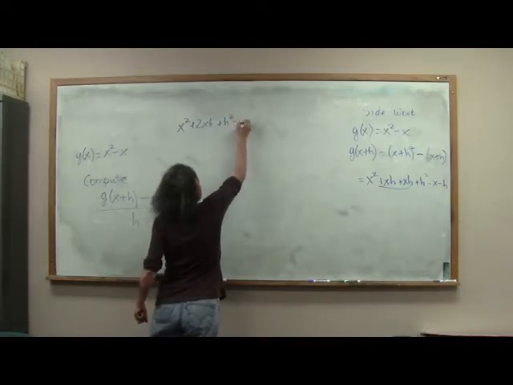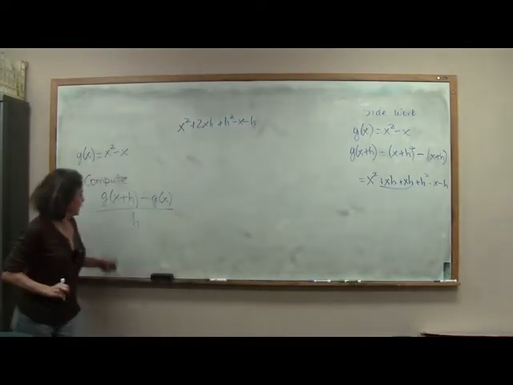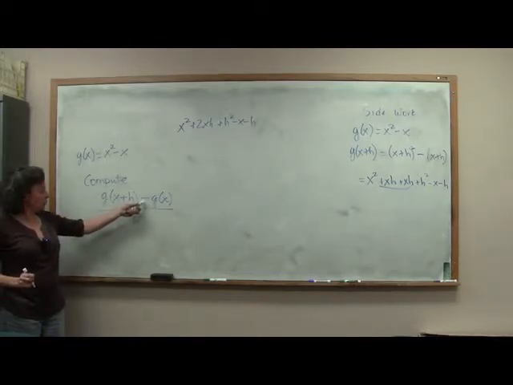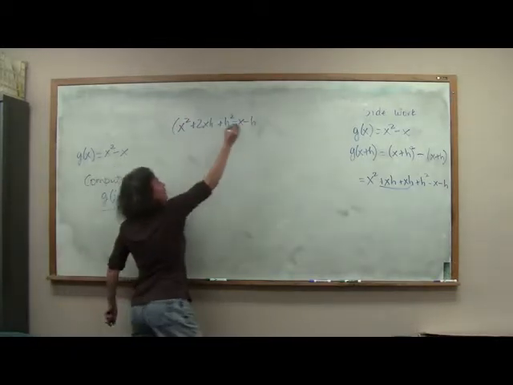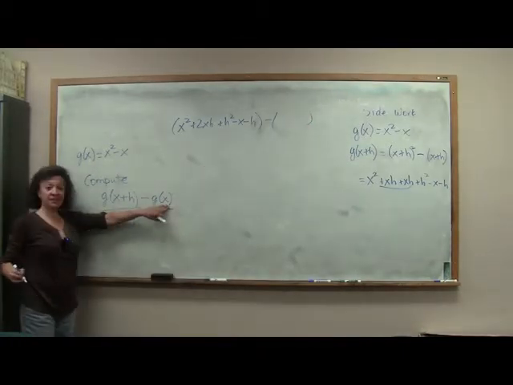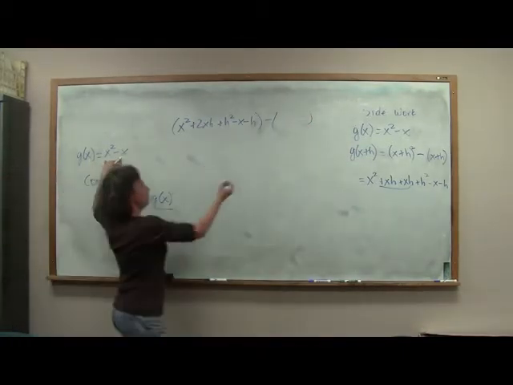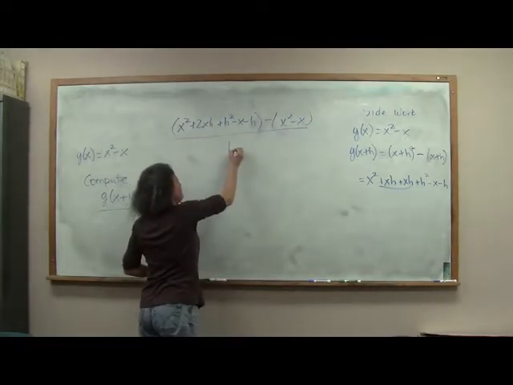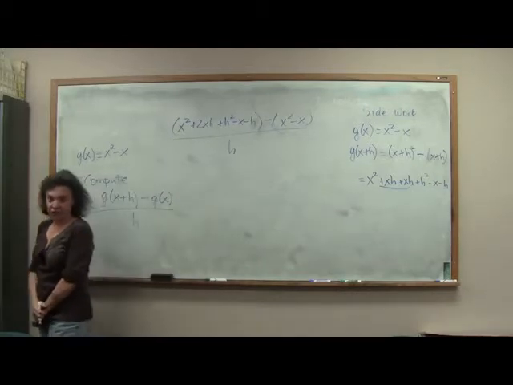Plus h squared minus x minus h. That was my g of x plus h. Now, what do we want to do with that? We want to subtract g of x. Do we know what g of x is? You bet we do. It's x squared minus x. And we're going to put all of that over h.